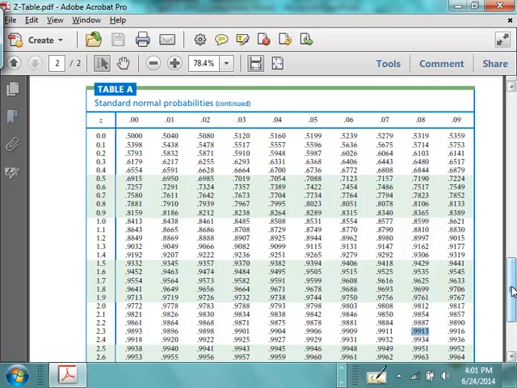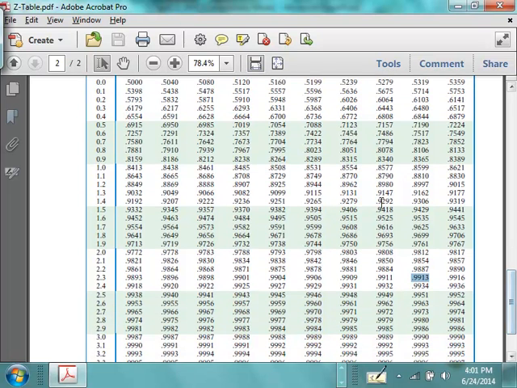This is the second page, by the way. And let's find the probability in the main body of the z-table corresponding to 0.95. Now, it's going to be about halfway in between these two values. We have 0.9495 to the left, 0.9505 to the right.